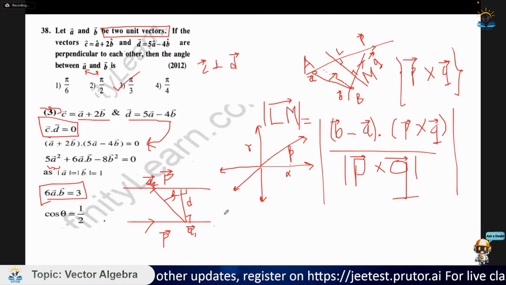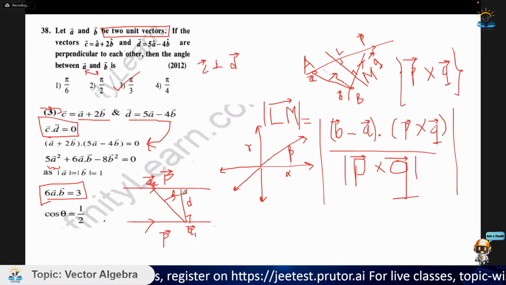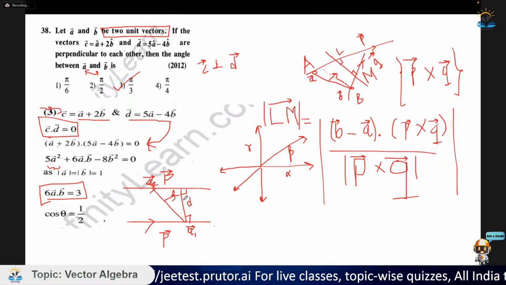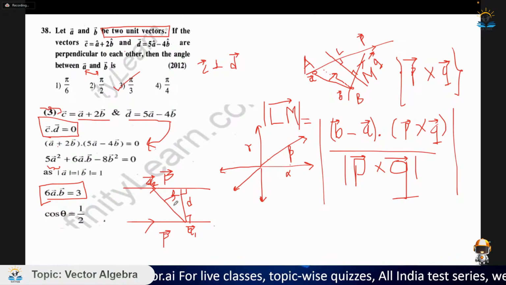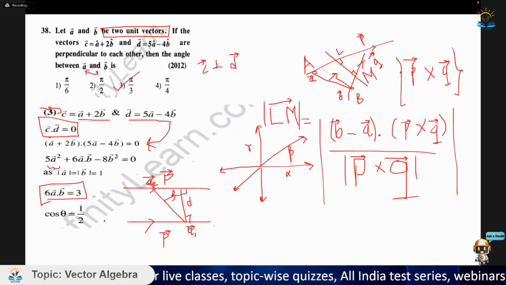We can write it in a different form, like this will be a2 minus a1 sine theta, where theta is the angle between this a2 minus a1 vector and the b vector.